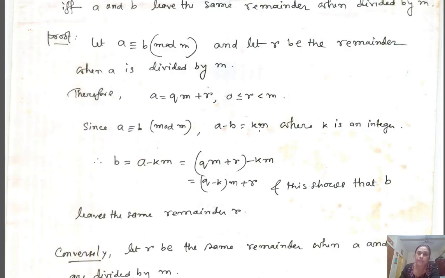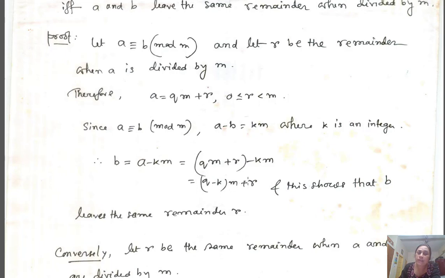We have to show that b also leaves the same remainder when divided by m. From here, b equals a minus km. Now, by the division algorithm, a is qm plus r.